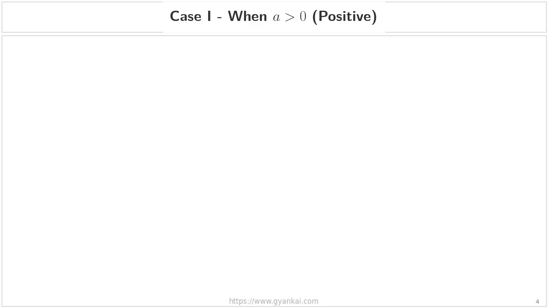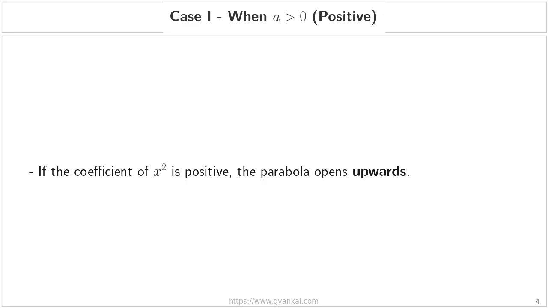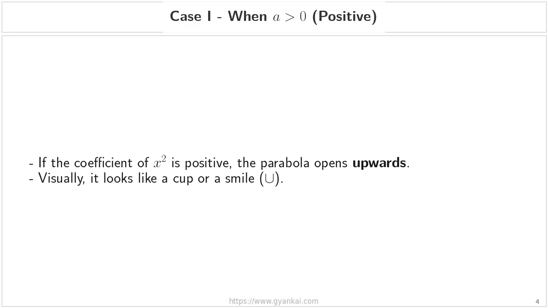Case I: when a is greater than 0, positive. Now that we understand that the shape of our graph is a parabola, let's look at our first specific case. Suppose the coefficient of x squared is positive. When this happens, the parabola opens upwards. If you look at the screen, you'll see a visual representation that looks just like a cup or even a happy smile.